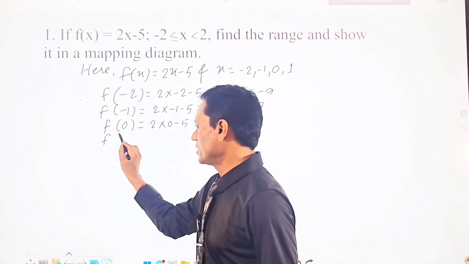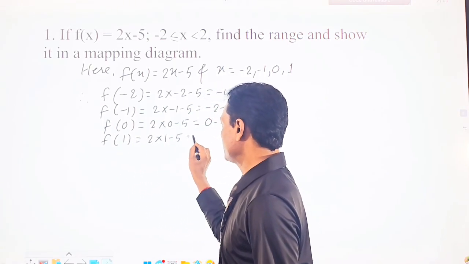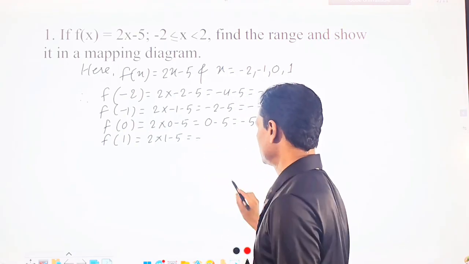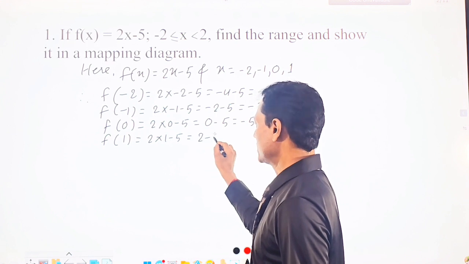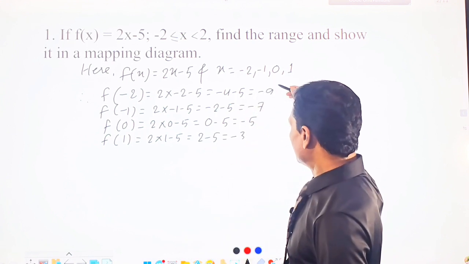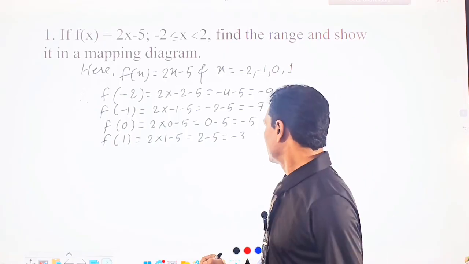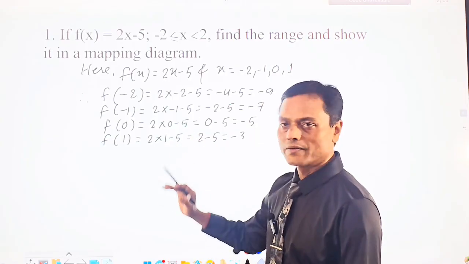Similarly, the last one is f(1) equals 2 into 1 minus 5, that is 2 minus 5, that is minus 3, right? So minus 9, minus 7, minus 5 and minus 3 are the functional values at the given values of x.